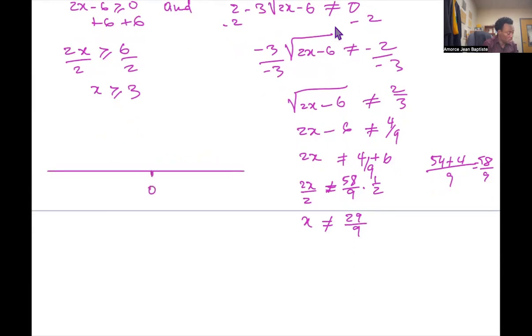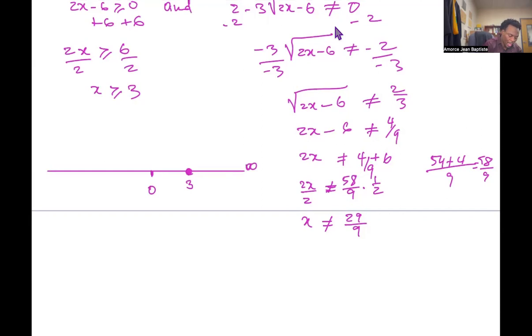That is 0, and then positive 3 here. We would have no issue including 3, and then to positive infinity. But now let's see where we would have the 29/9. 29/9 is 3.22.